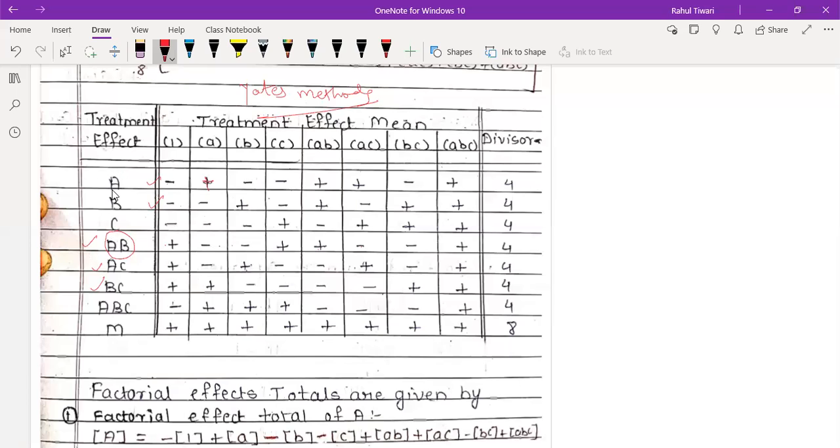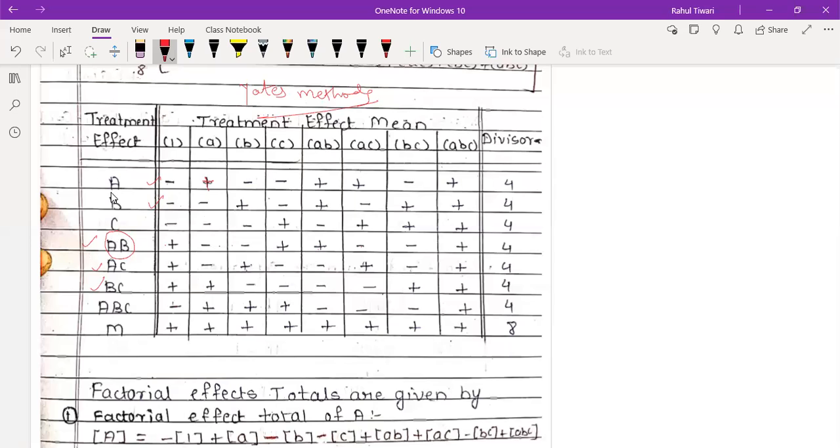So look carefully: minus minus minus, three times minus, what will you get? Minus minus plus, plus into minus again minus. Similarly plus minus minus, minus into minus. Okay. So this is the way one can get this particular treatment effect. This is all called a treatment effect.